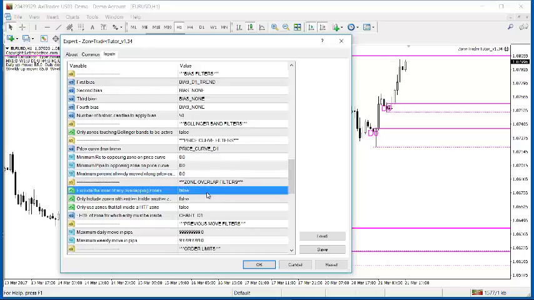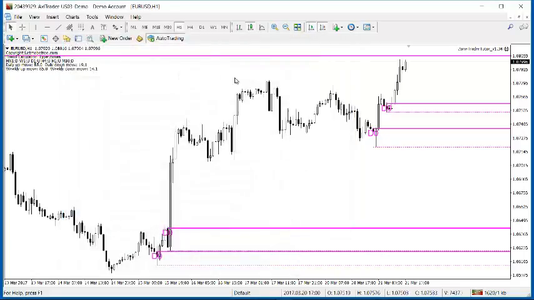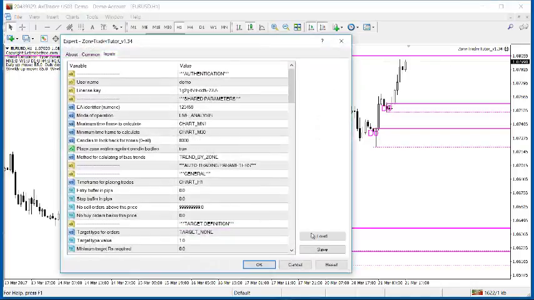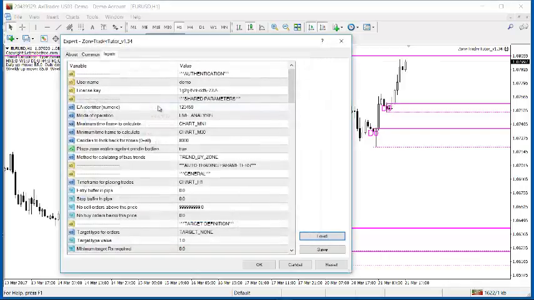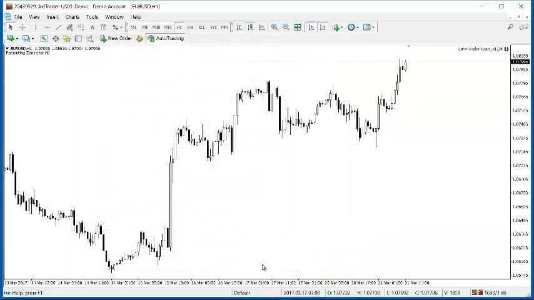Overlap filters, you can exclude any overlapping zones. I'm just going to come back and give a quick demonstration of that. What I would do is I will just reset this back to the default setting, just to get all the zones with no bias on it. Just OK it so it comes back.